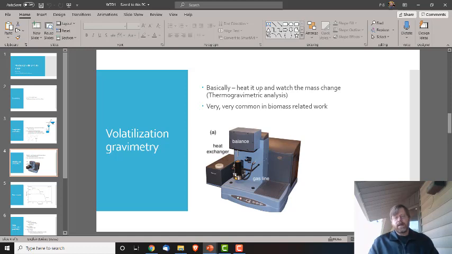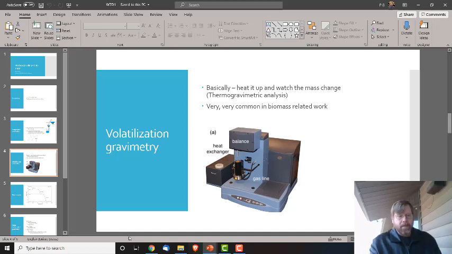You can collect the off gases and see what you would get in terms of syngas production and things like that. Or you can do it in an oxygen atmosphere, so air or oxygen, and you can actually combust the sample in this and see how the mass changes with combustion.